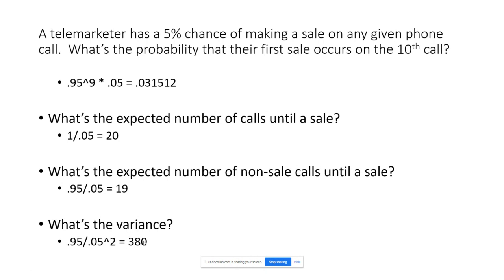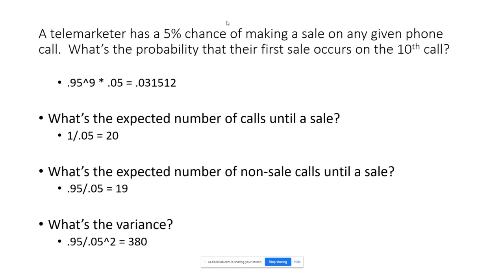And it makes sense that we would have a large standard deviation here, because with a 5% chance of making a sale at any given call, sometimes they're going to be successful on their very first call. But sometimes, some days, it might take them more than 20 calls. It might take them 40 calls.